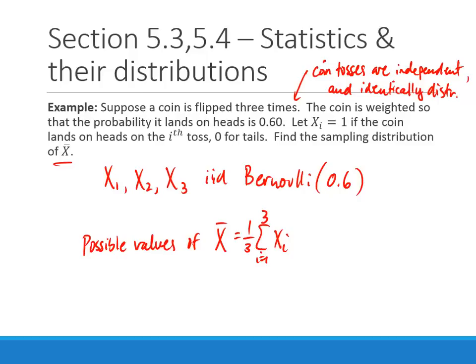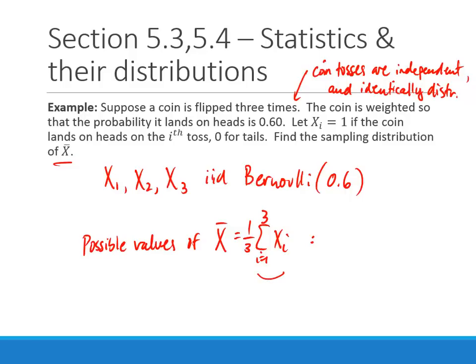Give you a hint, there are 4 possible values. So what happens if all the coins are tails? So if I get 0, 1, 2, and 3, that would be possibilities for this part.